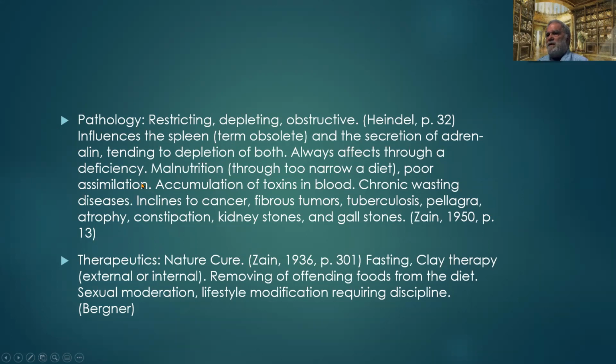Also poor assimilation. Saturn is really chronic wasting diseases. This is cancer, a chronic wasting disease. It inclines to cancer, to fibrous tumors. Malignant tumors are the ones with uncontrolled growth.